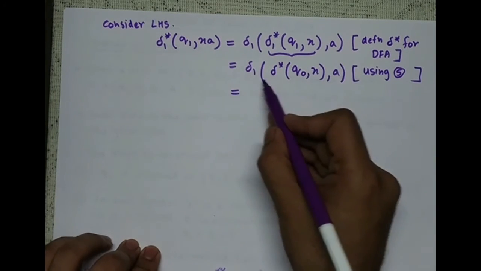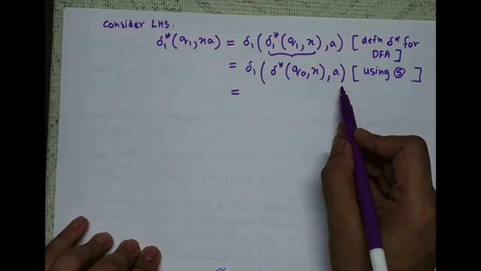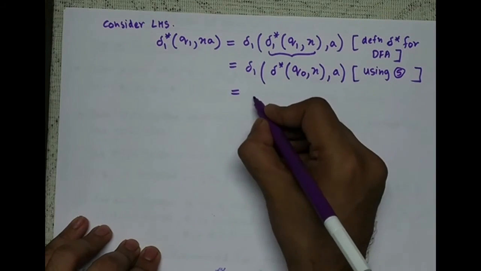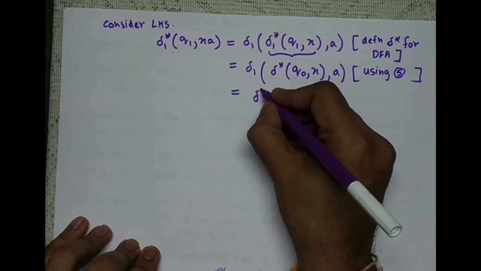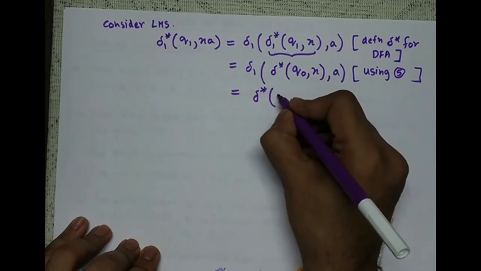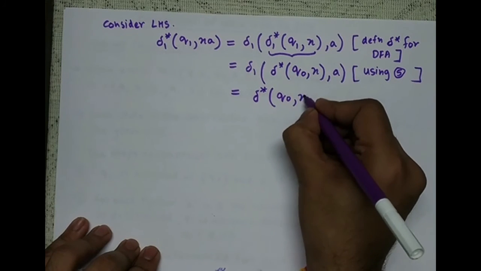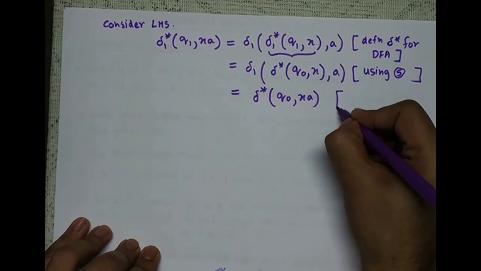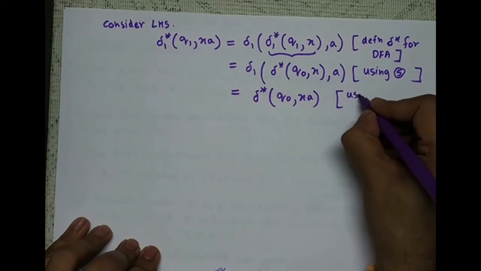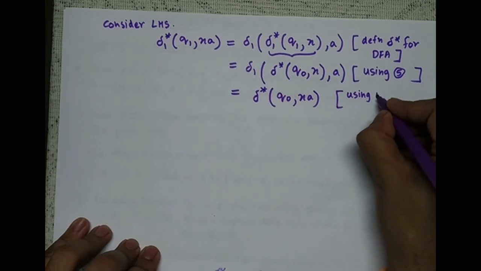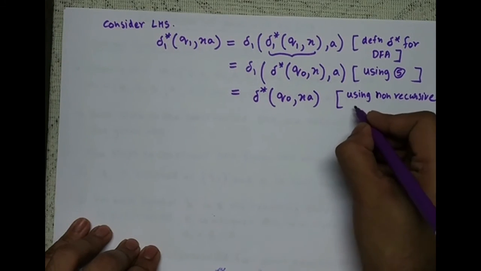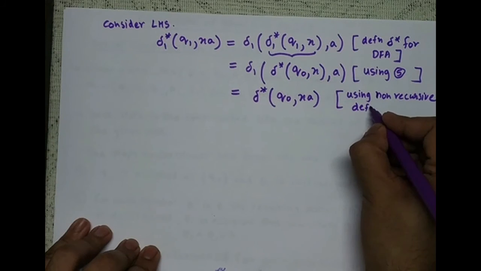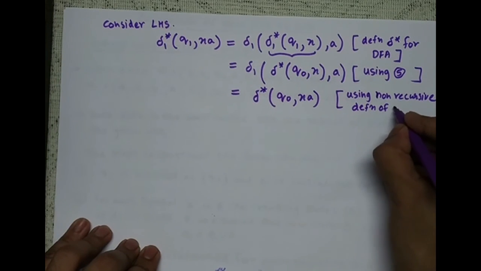So this can be converted to del star of q0 comma xa, using the non-recursive definition of NFA.